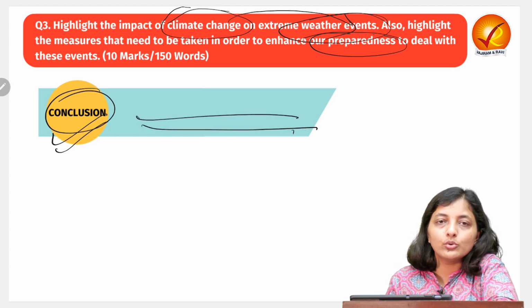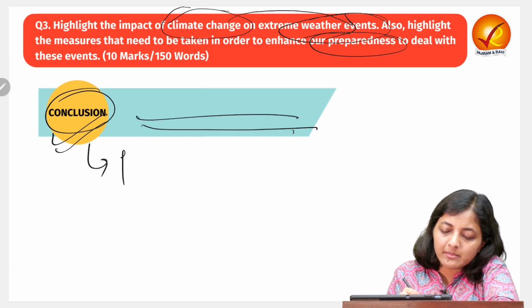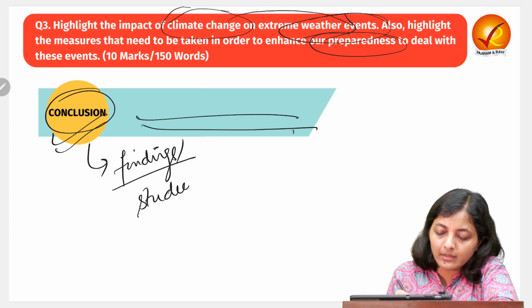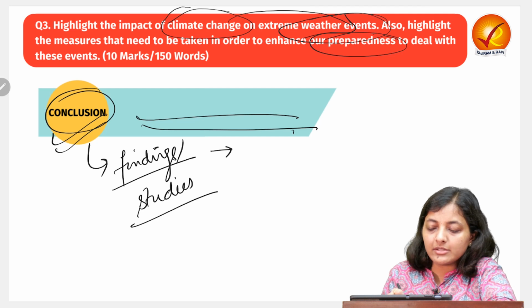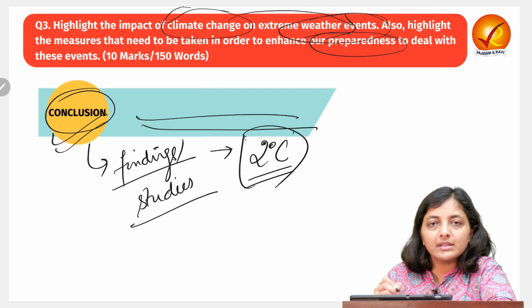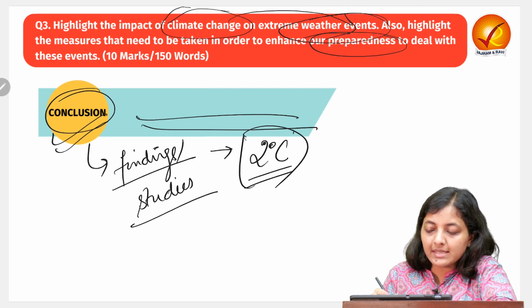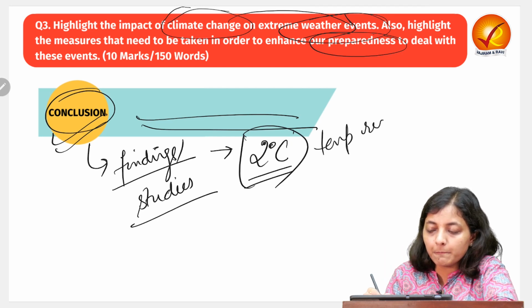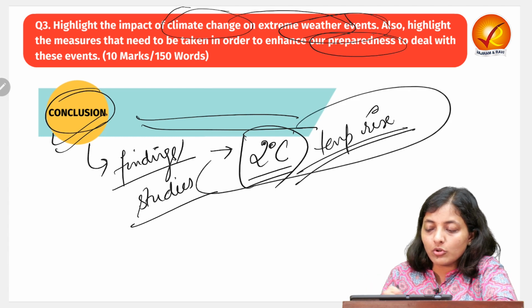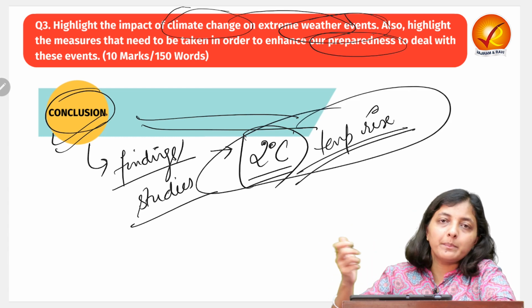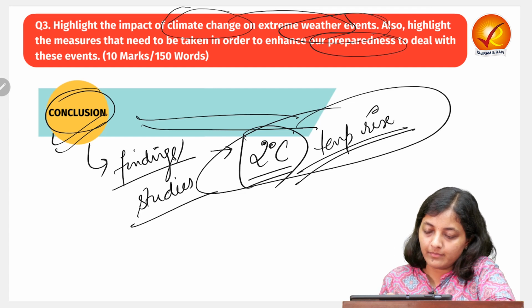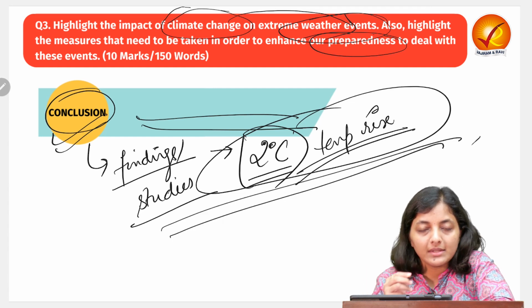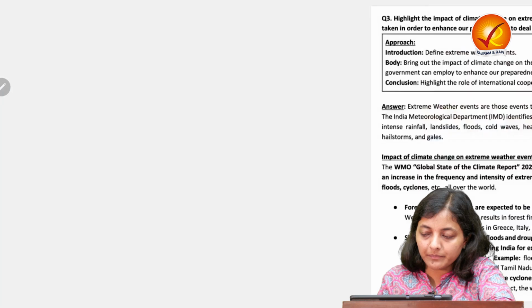With this you can conclude, or you can write some findings or studies, for example that we have to stay within the limit of 2 degrees Celsius temperature rise, so as to not see the very negative impacts of climate change. Okay, so this way this third question is also over.